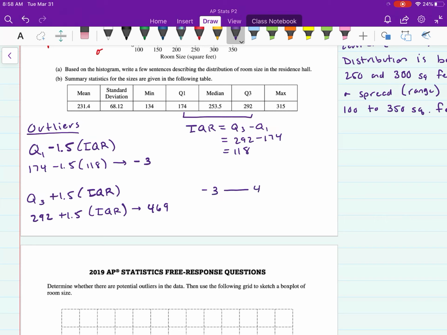So what this means is from -3 to 469, anything in between those values is okay. Anything above 469 or lower than -3 is considered to be an outlier.